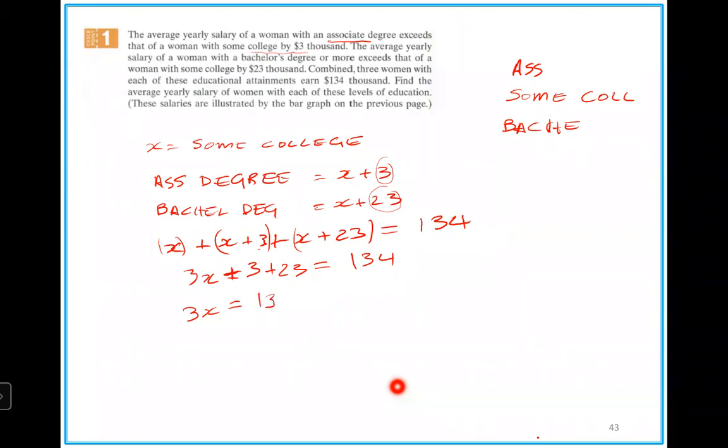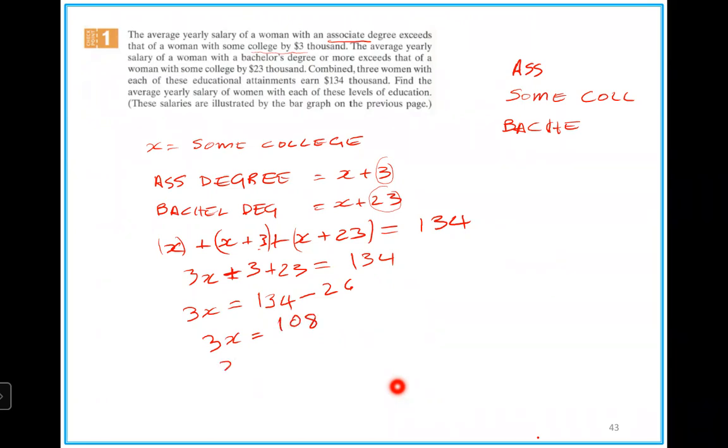I'll do 134 plus the minus 3 and minus 23. What is 23 plus 3? 23 plus 3 is 26. So that's minus 26. 134 minus 26. So 3X is equal to 108.